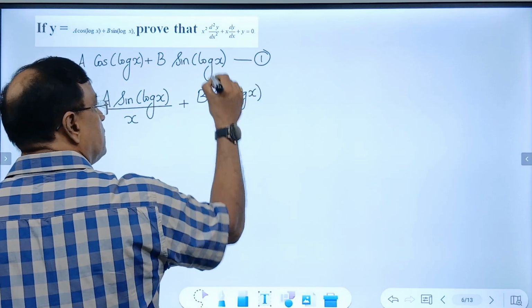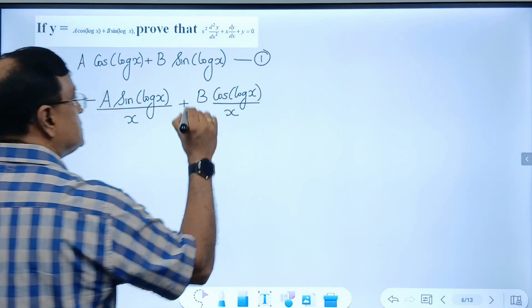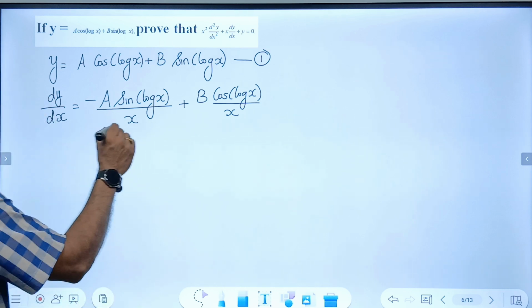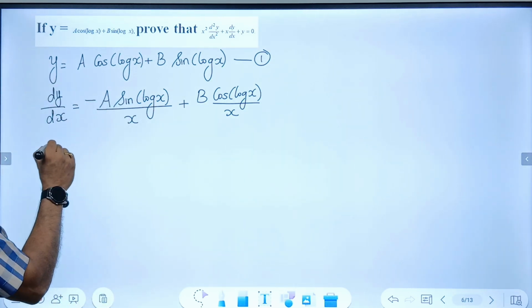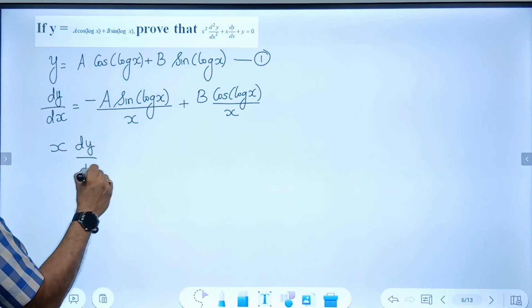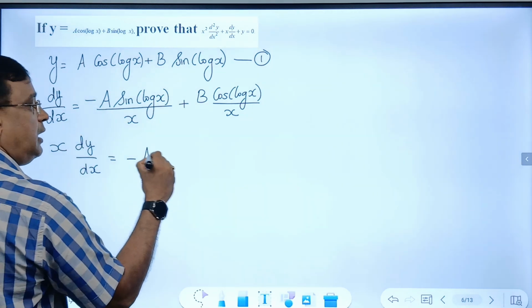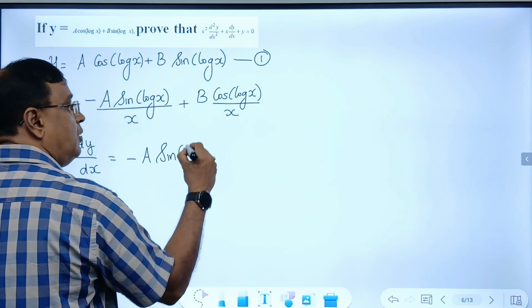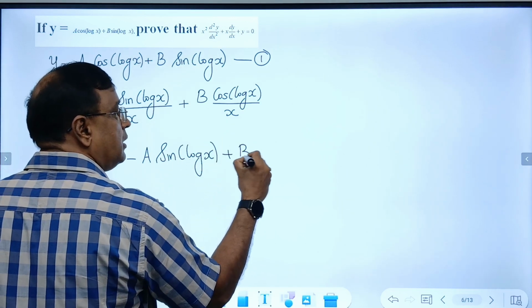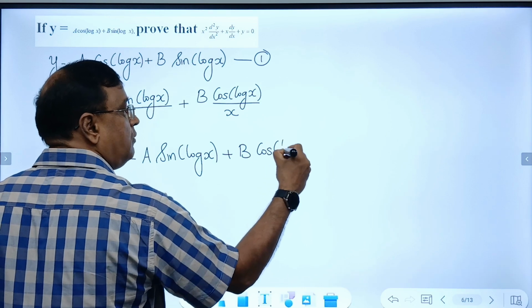And the differentiation of log x is 1 by x. Now you cross multiply x. x is the LCM which can be cross multiplied. So x into dy by dx is what? Minus a sine of log x plus b cos of log x.